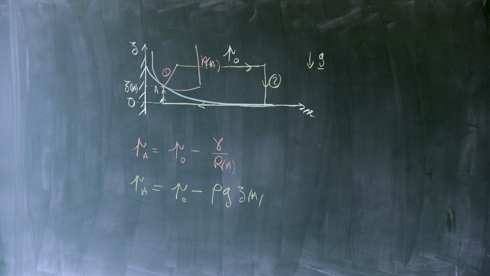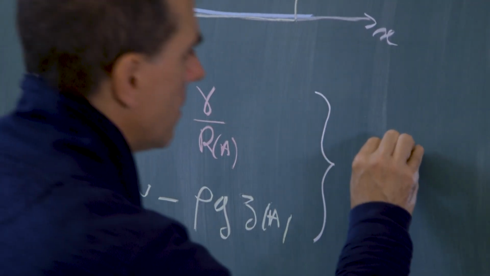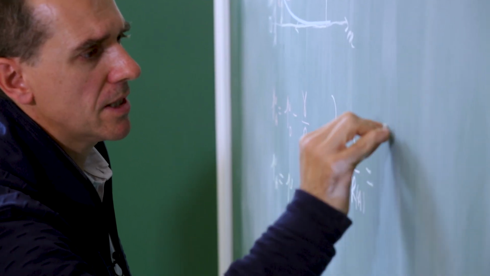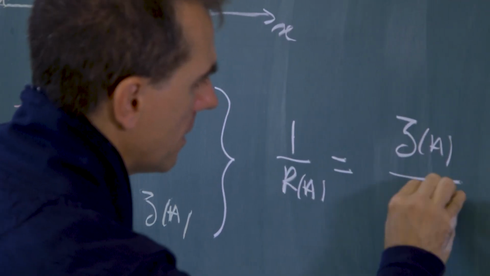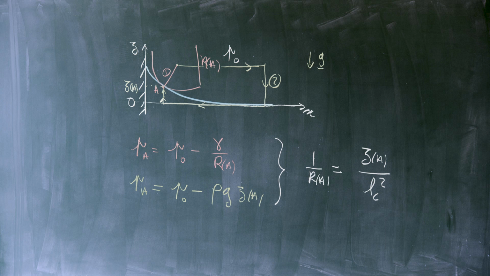These two expressions have to be equal, so the pressure in a point does not depend on the path that I follow. And so I conclude that the curvature 1 over A must be equal to the elevation z of A divided by the capillary length squared. And this is what characterizes the shape of my meniscus.